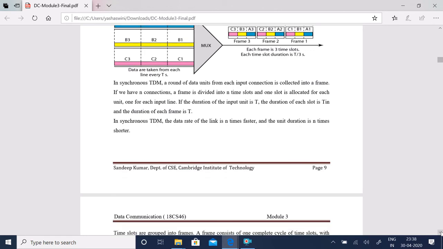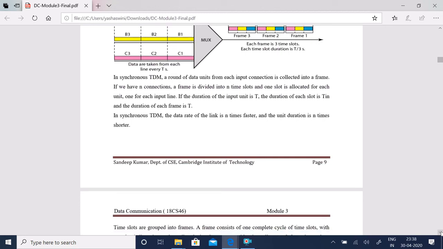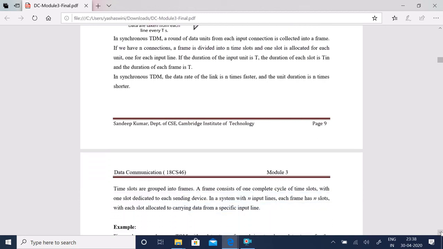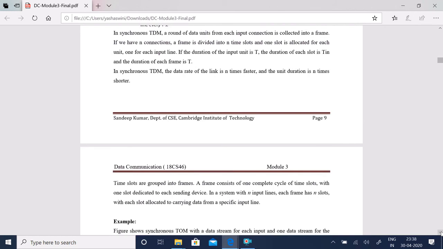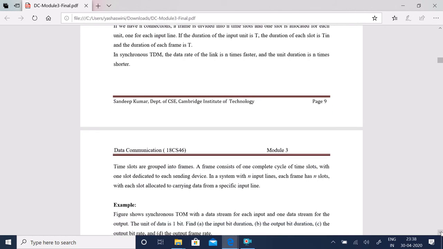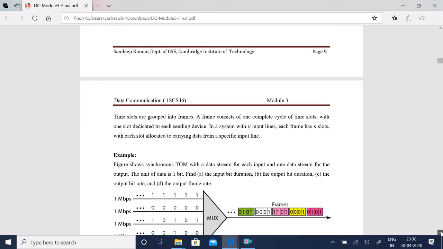In synchronous time division multiplexing, the data rate is n times faster than the duration of the shortest time slot. So here all the time slots are grouped into frames and a frame completes a single time slot dedicated for each of the devices.